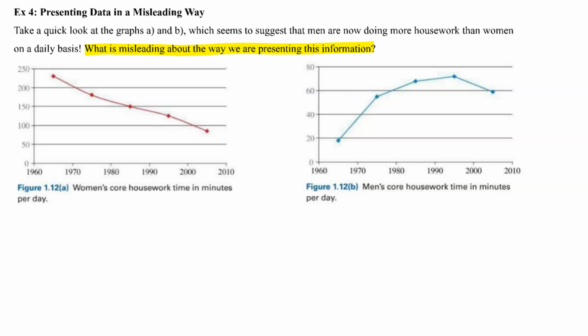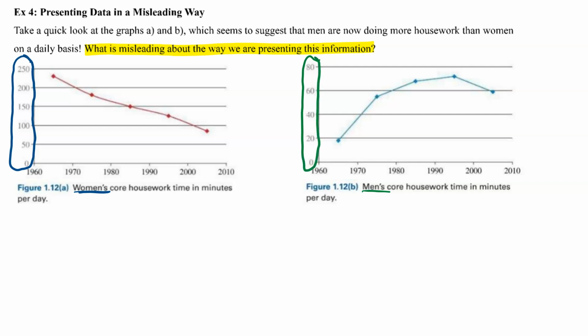If we really analyze these two graphs, we notice on the bottom axis, the horizontal axis, we've got years, 1960, 1970, 1980, and so on. Those are consistent. However, if we look at the vertical axis on the side, the y-axis, and compare for women and for men, look at how those numbers are distributed on that axis for women compared to how they are distributed on that axis for the men.